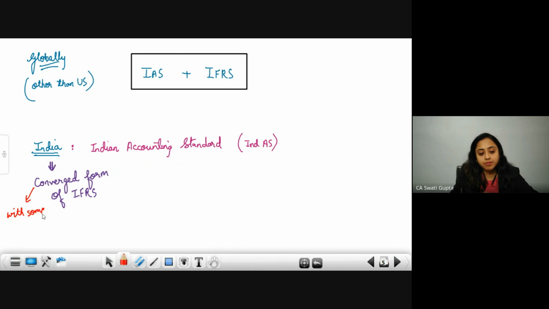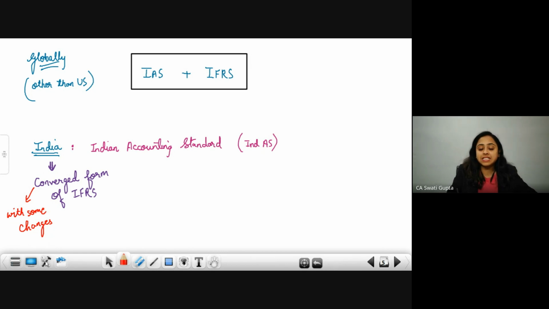Please understand, we have accepted the IAS and IFRS series from the foreign country to maintain global standards, to maintain uniform financial reporting, but with some changes so that in India it is more applicable and smoothly accepted. As we know, the economic conditions of all countries are different, may differ in some variety. So it has been converged.